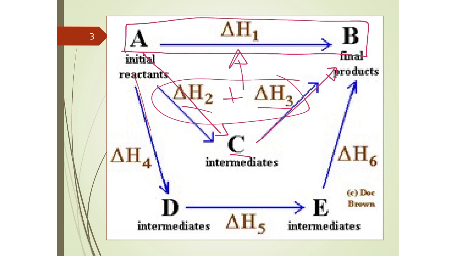Otherwise, you could also take a couple of different approaches. Here's one reaction, two reactions, three to get to the same final set of products. Either way, all of these pathways should add up to the overall.